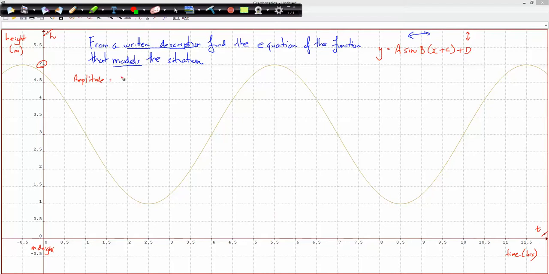Okay, so the amplitude of our tide, the height of the tide. The highest tide was 5. The minimum tide, the low tide, was 1 meter above the wharf, below the wharf, and this was 5 meters below. So what would the amplitude be?